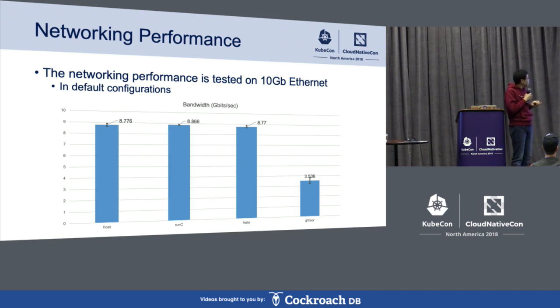But unfortunately, I think this also means that because of the penalty of the syscalls, you can't have good performance for gVisor's networking part, but the others, Kata, runc, and the host, are quite similar.